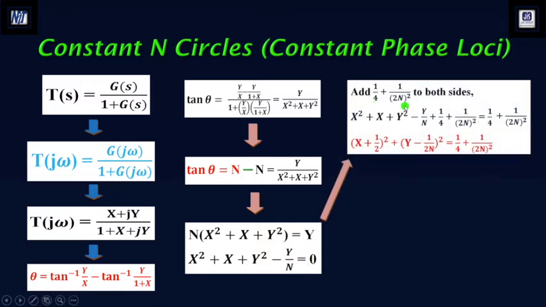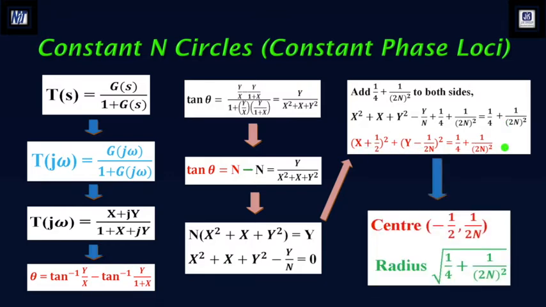From this equation we get this equation. Add this term to both sides and we get this value. This is the equation of a circle, and the center of the circle is minus half and 1 by 2N, and radius is the root over 1 by 4 plus 1 by 2N whole square.